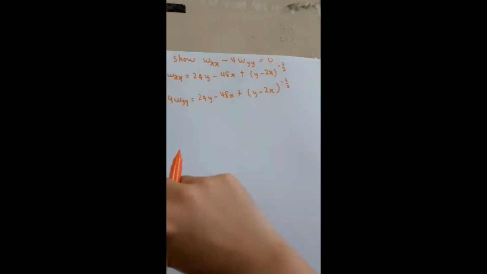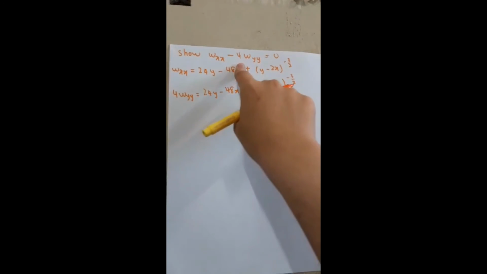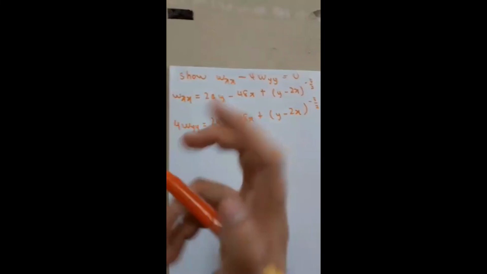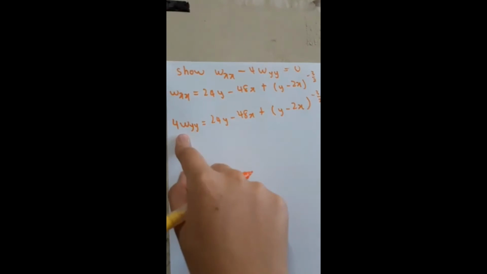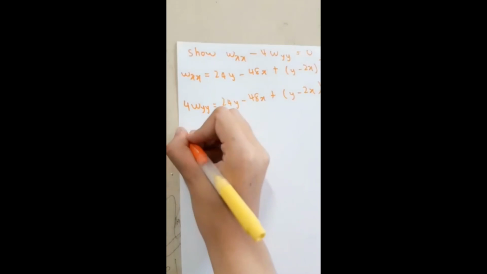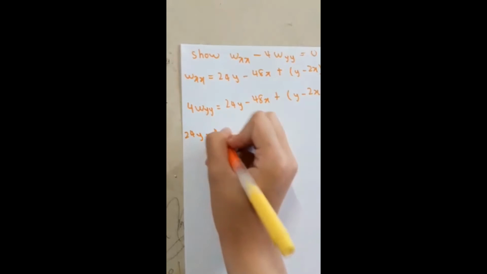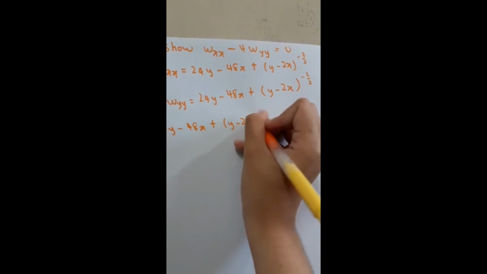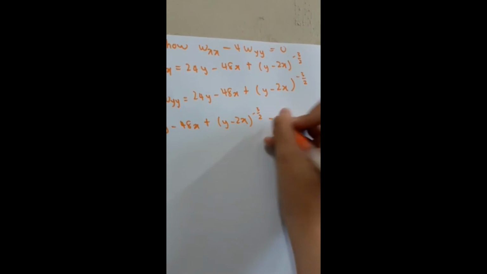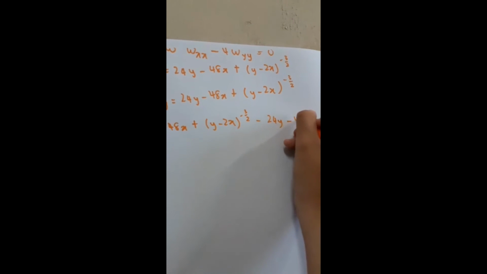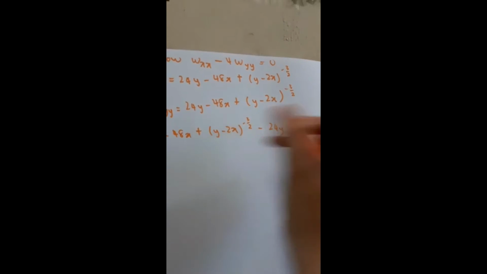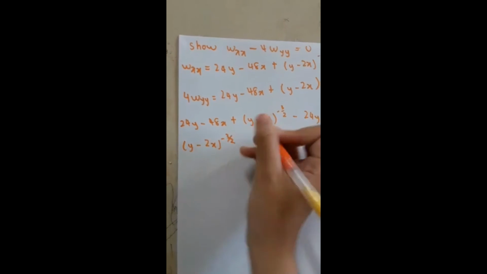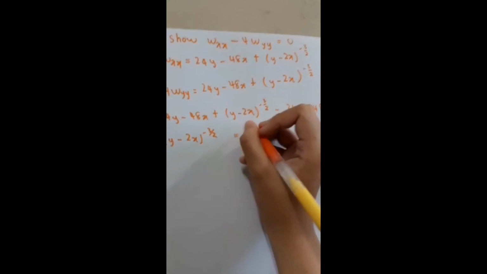So the equation in the question is wxx minus 4wyy is equal to 0. We must show this one. So we pick up wxx minus 4wyy, which is 24y minus 48x plus (y minus 2x) to the power of negative 3 over 2, minus (24y minus 48x plus (y minus 2x) to the power of negative 3 over 2), is equivalent to 0.